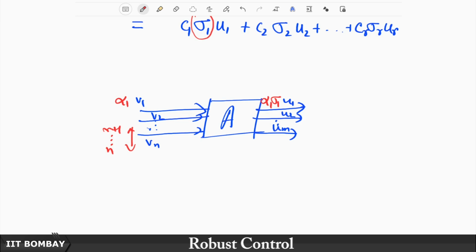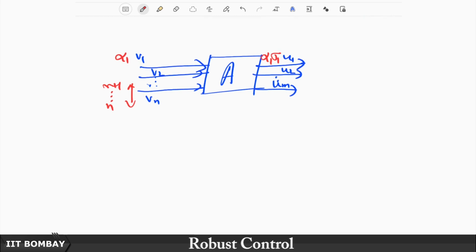And the moment we have this at our disposal, there is this very useful definition that we often come across in matrix theory, and in general in case of operators as well, or transformations. So we say that the sigma 1 of A has a very special role to play.